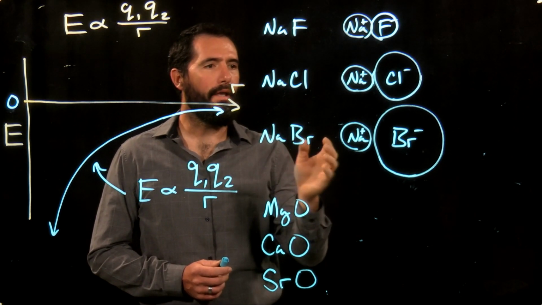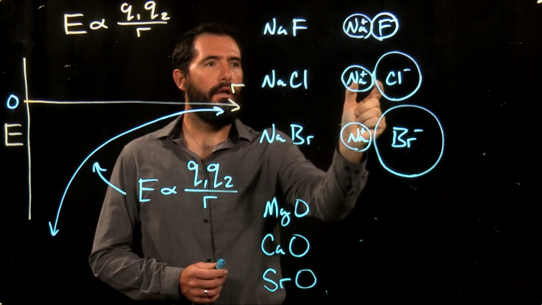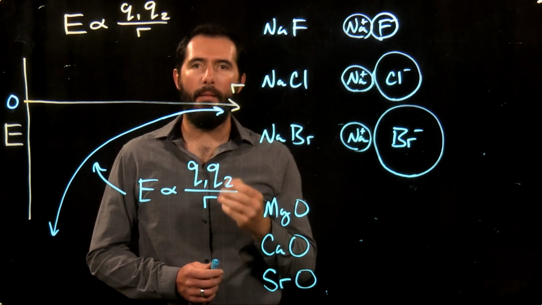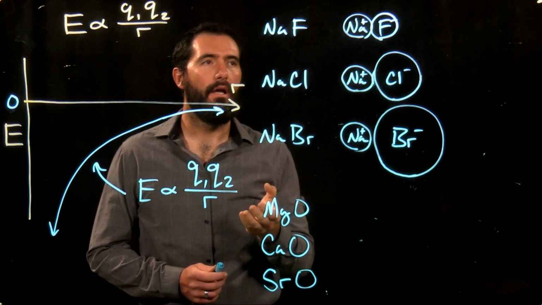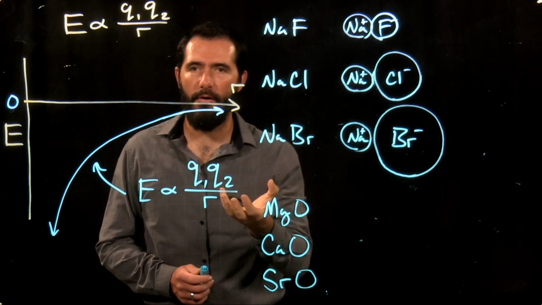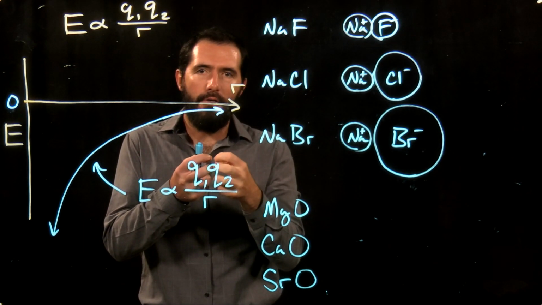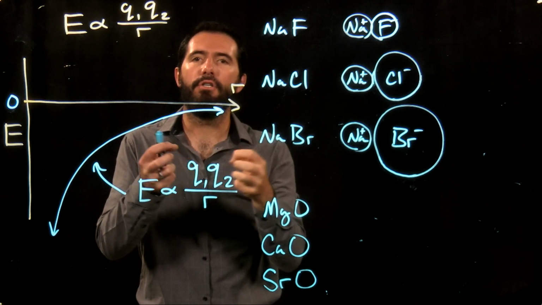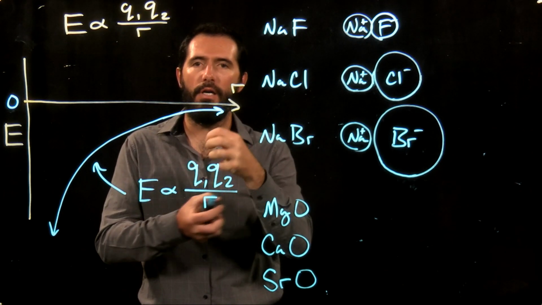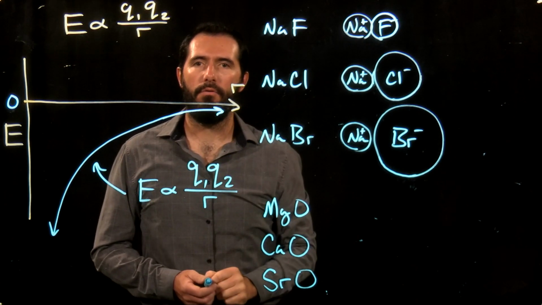So one way we can assess how strongly held together these cations and anions are is looking at the melting point of these solids. In order to melt sodium fluoride, you would have to provide enough thermal energy that thermal energy could overcome the energy of the interaction or liberate those two ions so they could translate or move relative to each other.